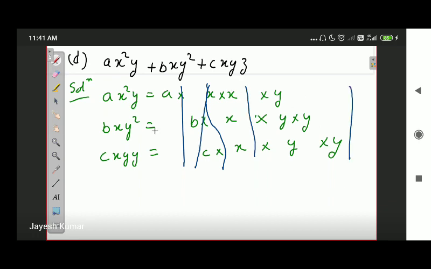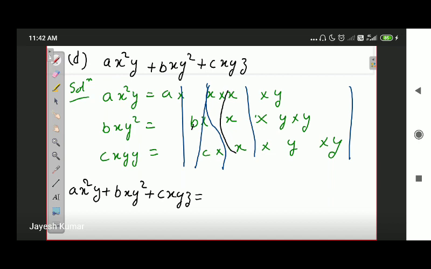Okay. Now once again taking common, first of all a x square y plus b x y square plus c x y z, all of these will be equal to, first of all, a is not common, b is not common, c is not common.